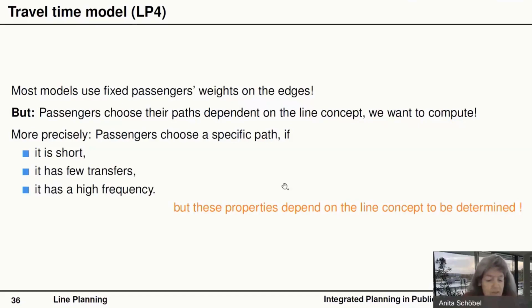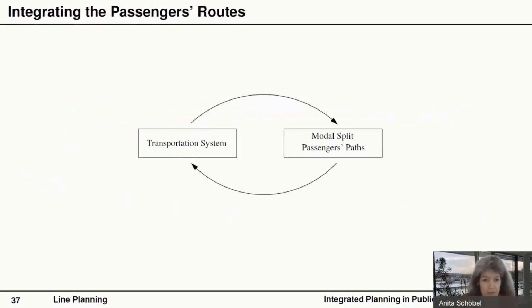But these properties, if the route the passenger chooses is short, if it has few transfers, and how the frequency is of this route, this cannot be known beforehand because this depends on the line concept, and we want to determine the line concept. So in some sense, we have a chicken and egg causality dilemma. We could start with a transportation system, and then we can determine the best paths for the passengers.